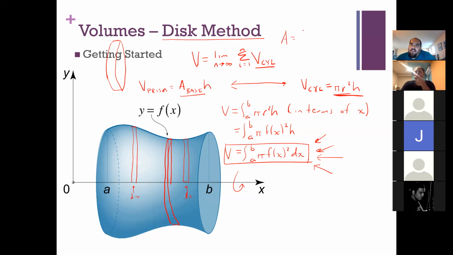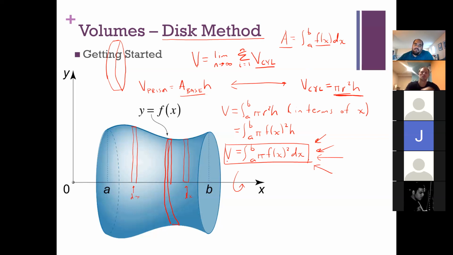Up above here, I'll write area is equal to the integral over some interval of the function times dx. And really f of x, that's a length. That's a one-dimensional height. Basically, whatever the value of the function is, I just want to know how far that is from, in this case, the x-axis. So area is a two-dimensional measurement, and to find that area, I integrate a one-dimensional measurement.